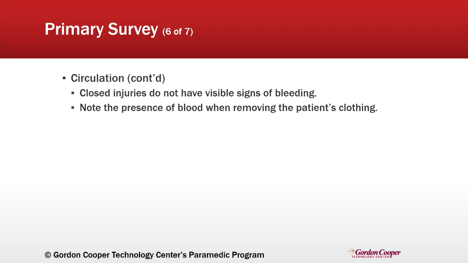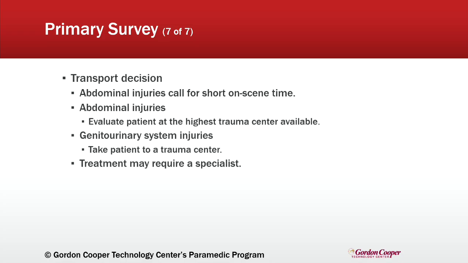Remember that closed injuries do not have any visible signs of bleeding. Your patient assessment is going to tell you how aggressively you need to treat that patient. So as you remove the patient's clothing, look for any presence of blood and inspect those areas more closely during your physical exam.